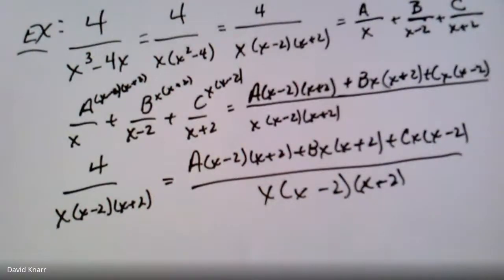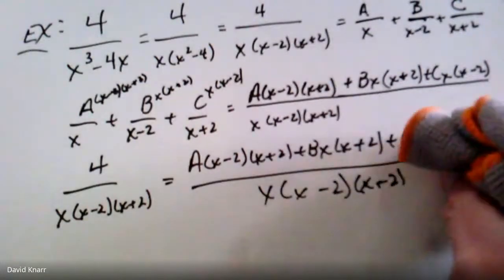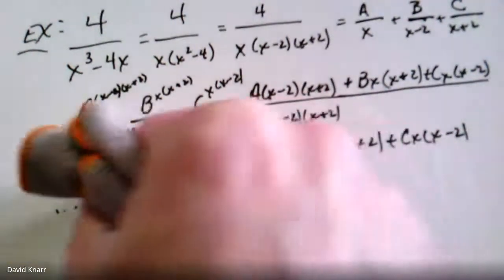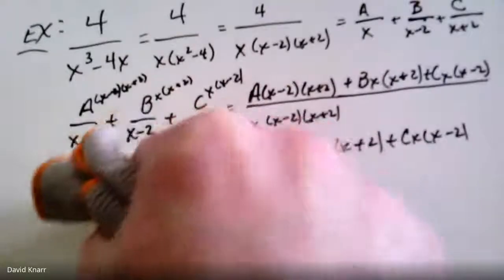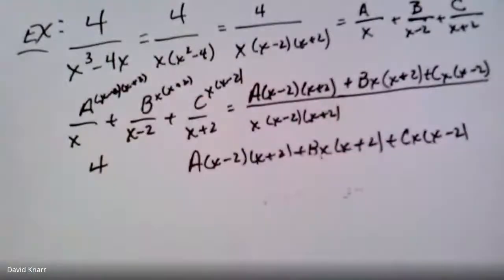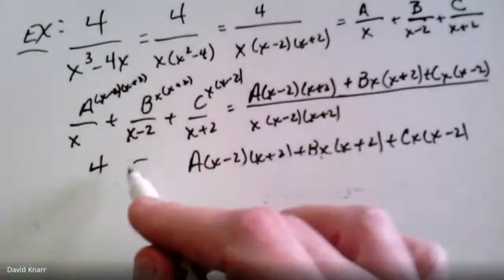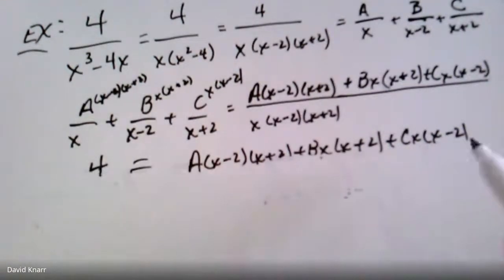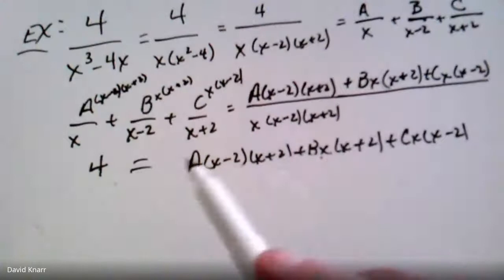But if you look at the two fractions, these two denominators are already the same. I don't need to make them equal. They already are. So I'm going to erase the denominators down here. It's going to save me a line of work, so I don't have to rewrite this 1,000 times. And all I want are for the numerators to be equal. I need 4 to be equal to that disaster that's over here on the right.